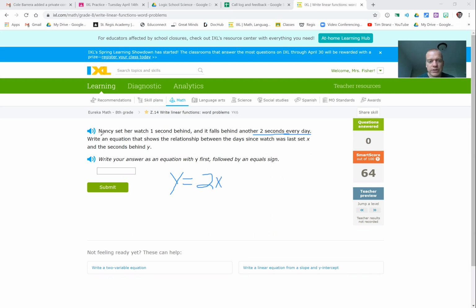Okay, and then it also says Nancy set her watch 1 second behind. So this is a little tricky. You need to think, when it says behind, does that mean a negative number? I think it does. So we're going to try a negative 1, right? So let's try y equals 2x minus 1 and see if we're right.